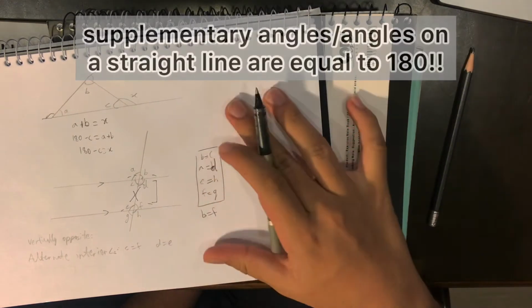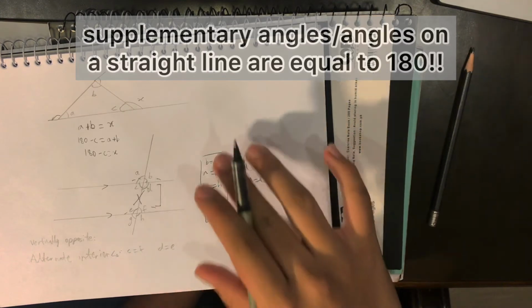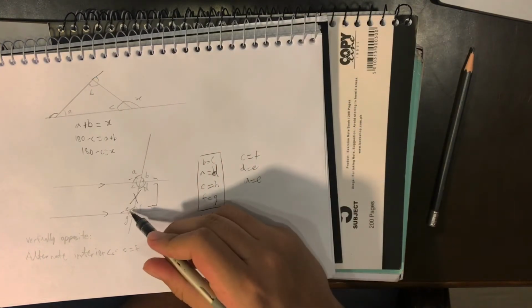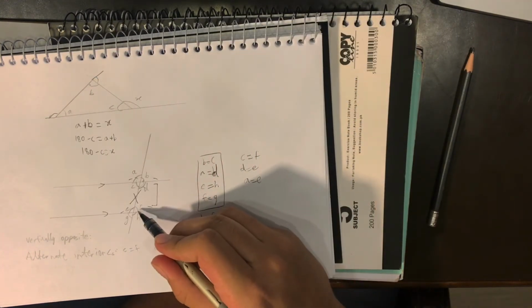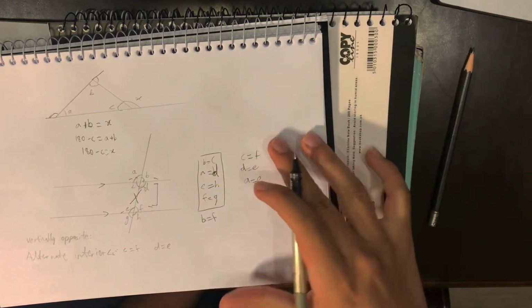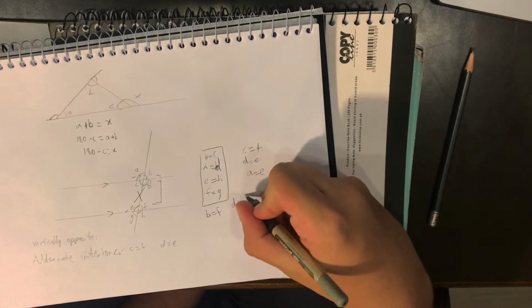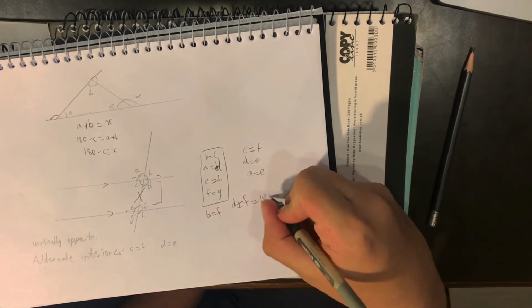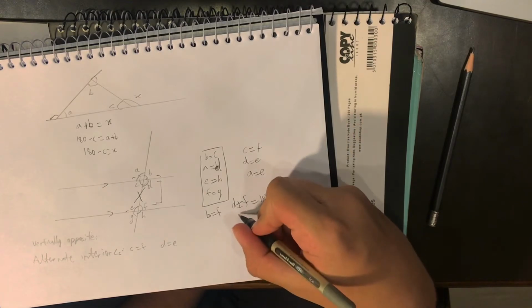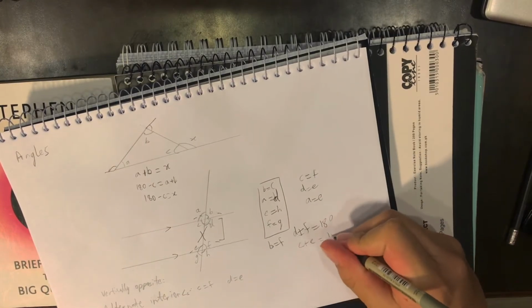Angles on a straight line are always supplementary; their sum is always 180. So D plus F would also always be equal to 180. That's an easy rule, so I'll write it down. D plus F is equal to 180, and C plus E is equal to 180.